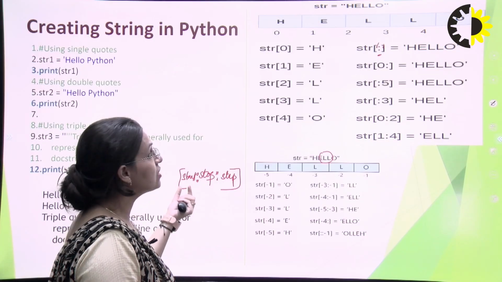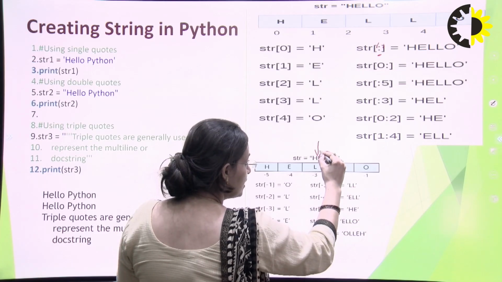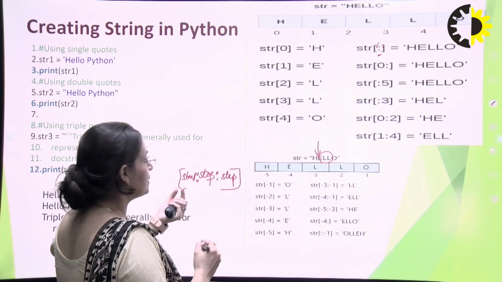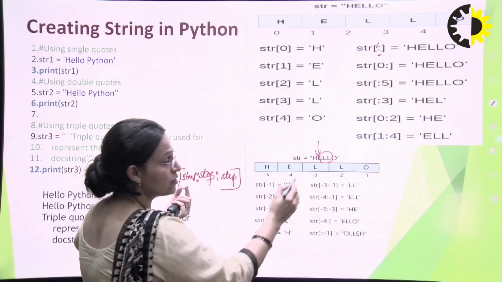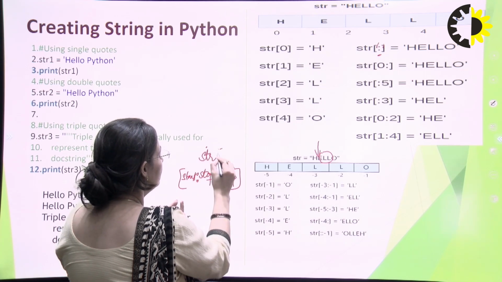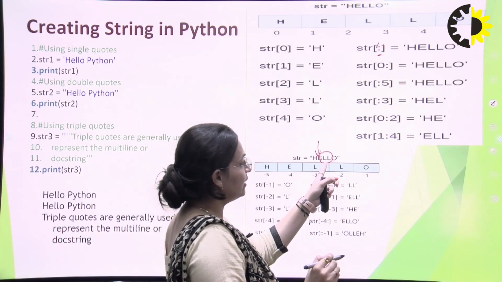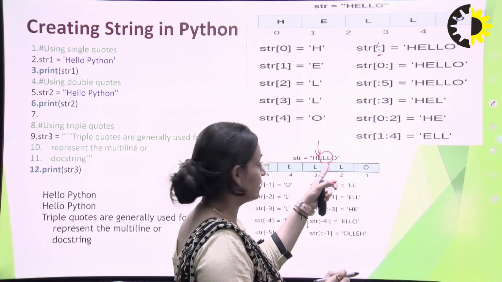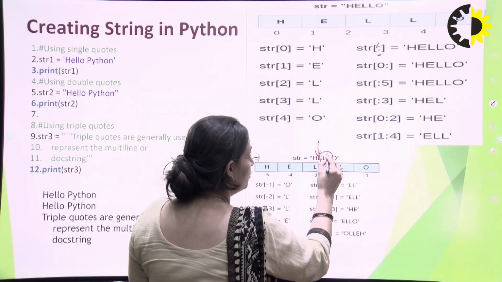So the start position is where you want to start. If I want to start from this position, the E position, then according to the positive index, the string will be accessed like 1 colon, and I want to get it up to here, the second L. So that means 1, 2, 3.